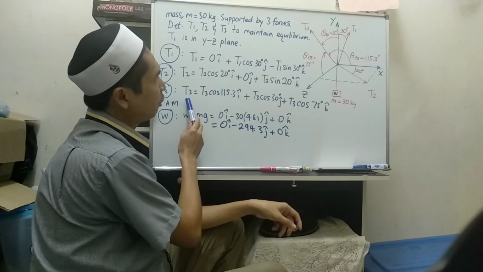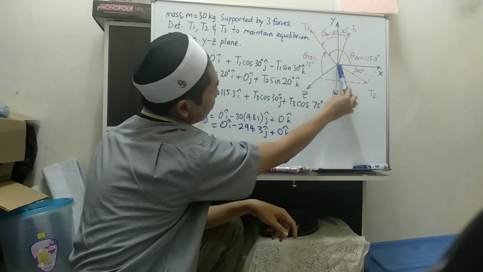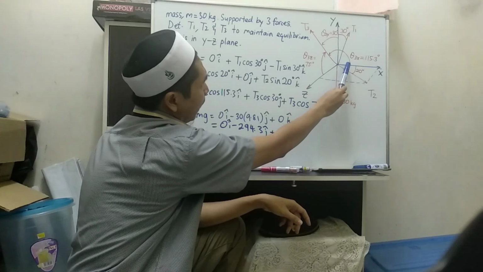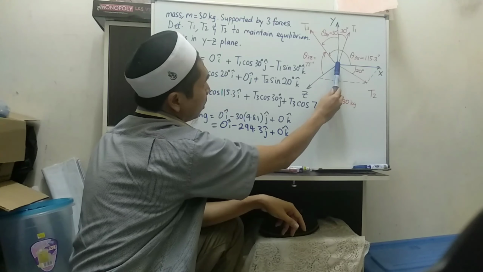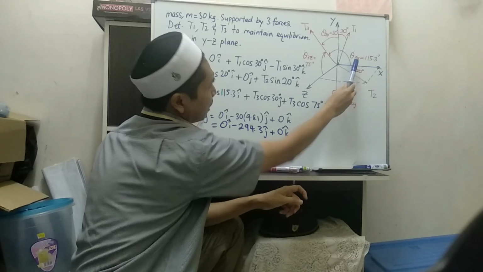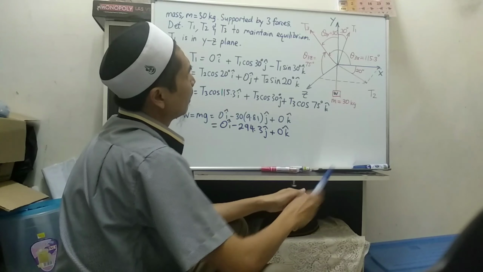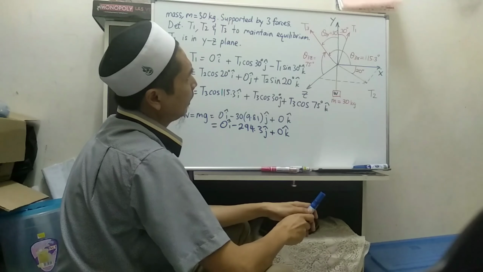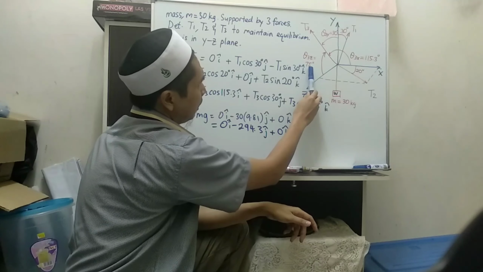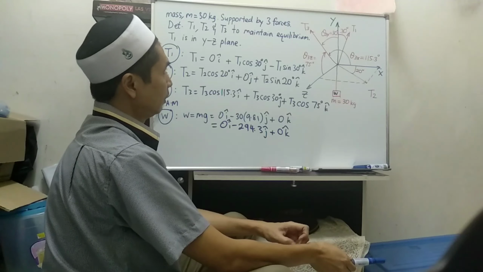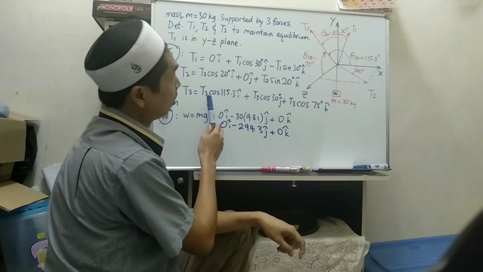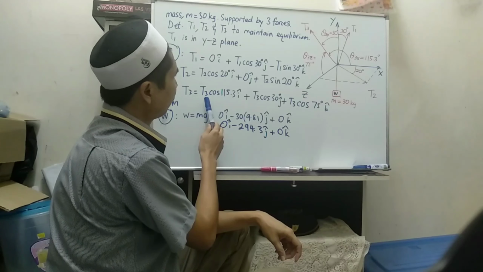Then we move to T3. You are given the angles from the x-axis, y-axis and z-axis: theta 3x is 115.3 degrees, theta 3y is 30 degrees, and theta 3z is 75 degrees. From the direction angle method, we can apply the formula for the vector force in terms of IJK.